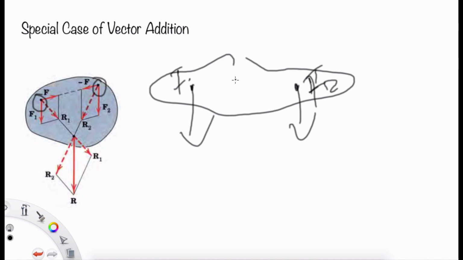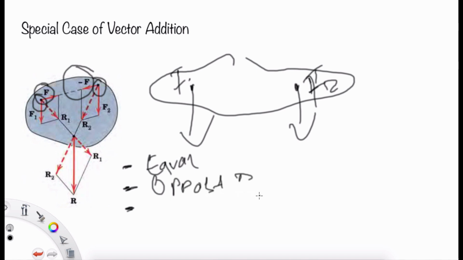First, you add a force F and a force minus F. But remember that these forces have to fulfill three requirements: they have to be equal, opposite, and collinear.